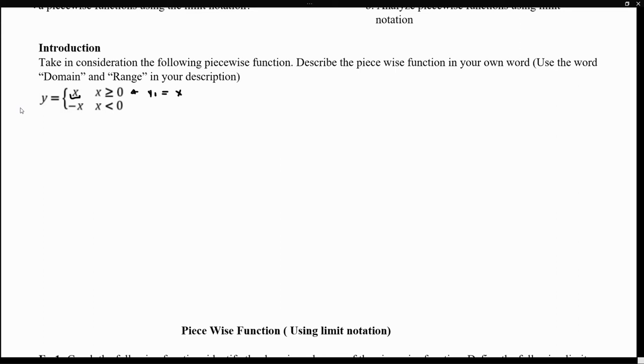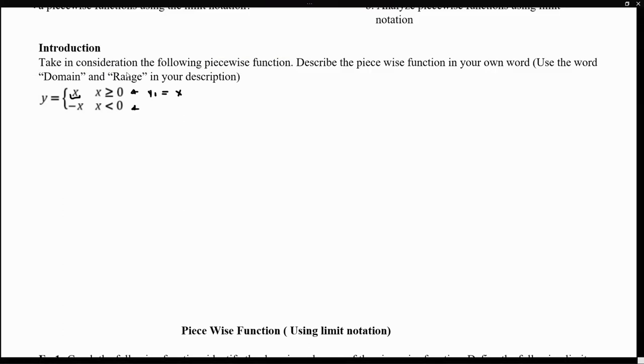So the first line talks about the line y equals x, but now this line has a limitation or a restriction. And this restriction is saying every time my value of x is greater or equal to 0, I'm going to be graphing the function y equals x.